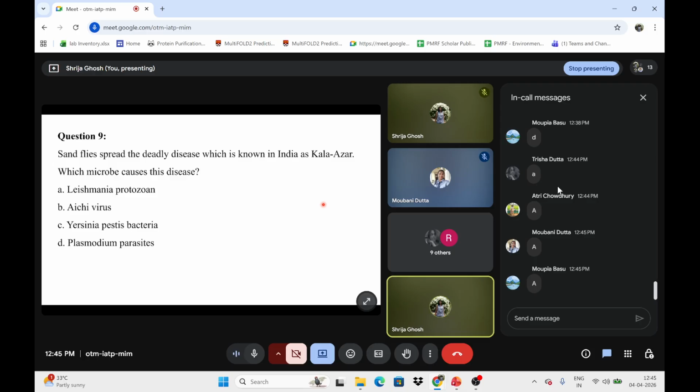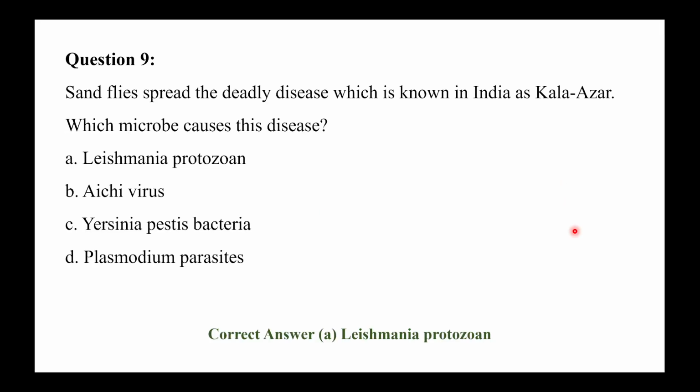Anyone else wants to write the answer? Okay, so 4 of you have answered. You are saying option A, Leishmania protozoan. Let's see the correct answer. That is the correct answer.